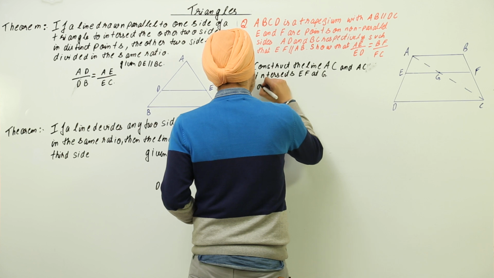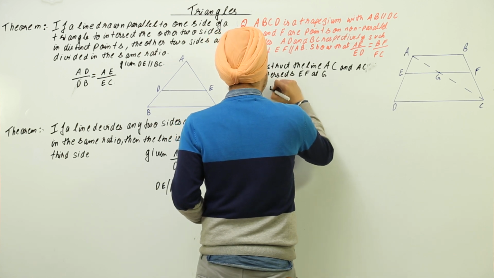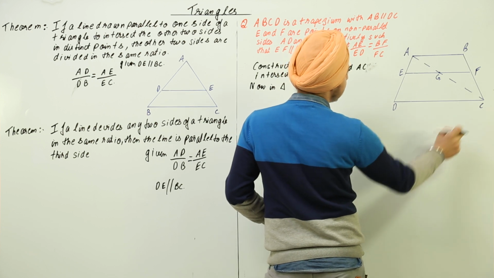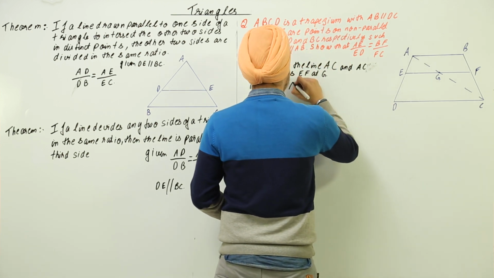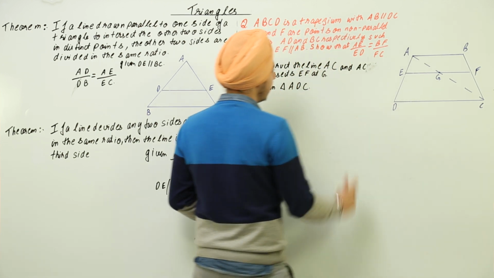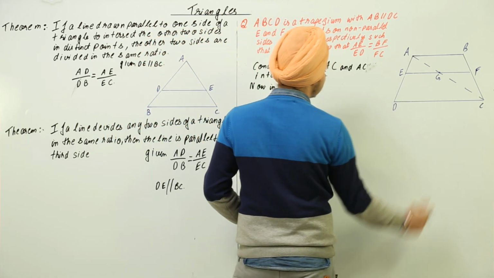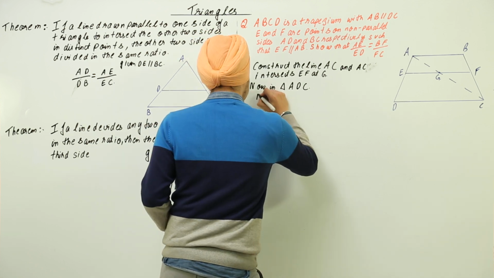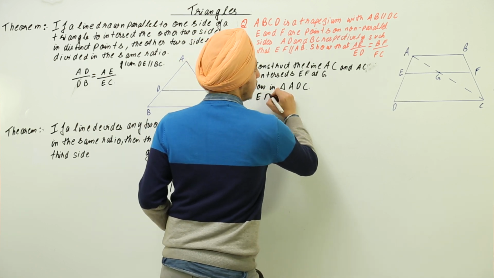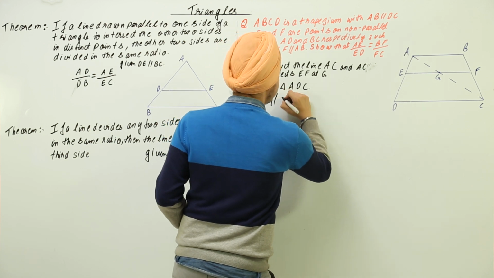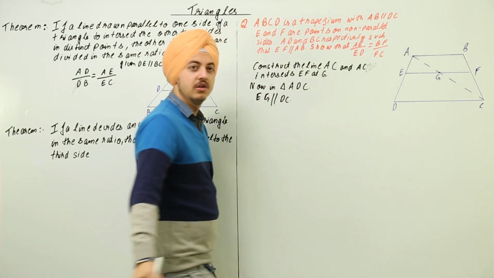Now we have, first of all, in triangle ADC, this is a triangle, right? EG is parallel to DC, correct? Why?